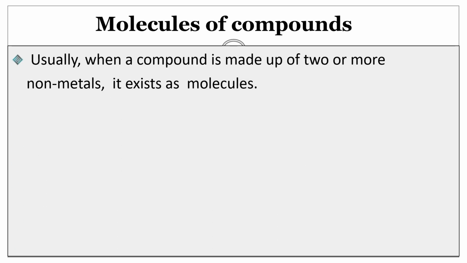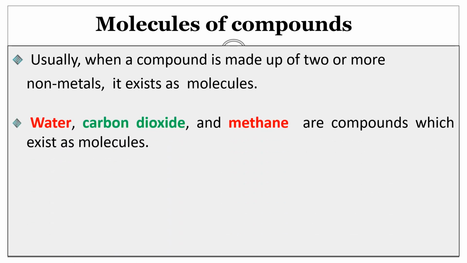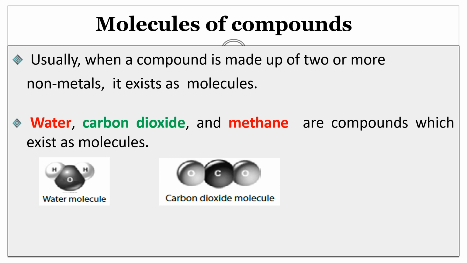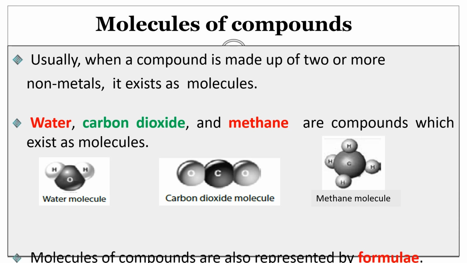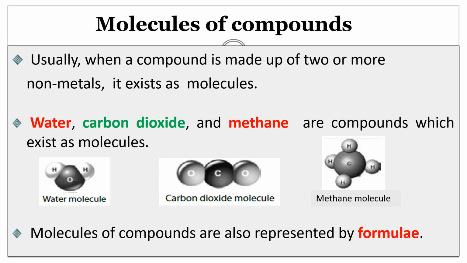Usually, when a compound is made up of two or more nonmetals, it exists as molecules. Water, carbon dioxide, and methane are compounds which exist as molecules. Molecules of compounds are also represented by formulae.